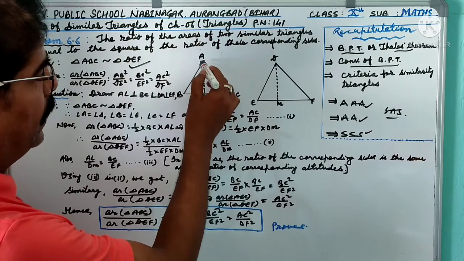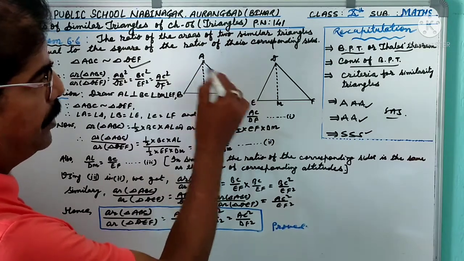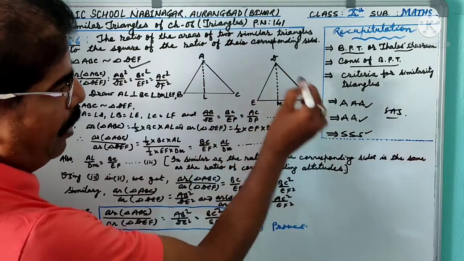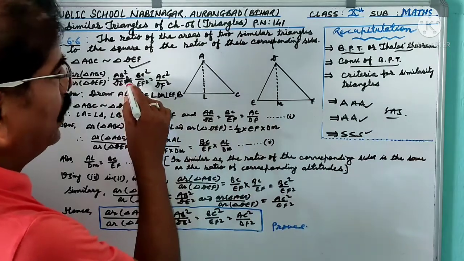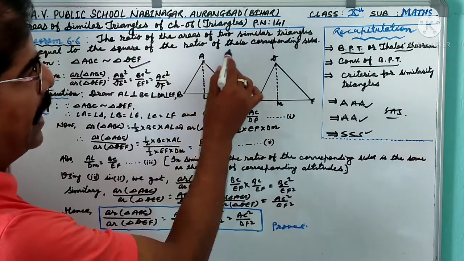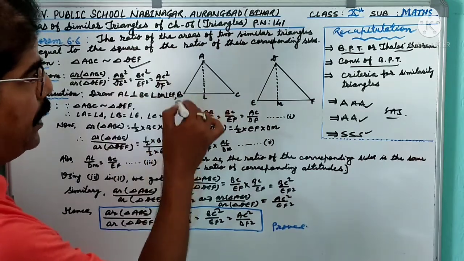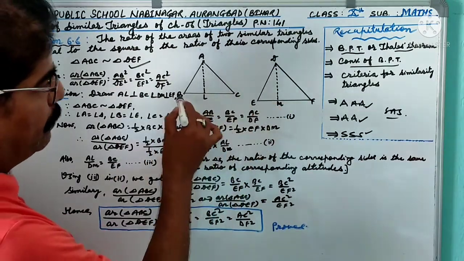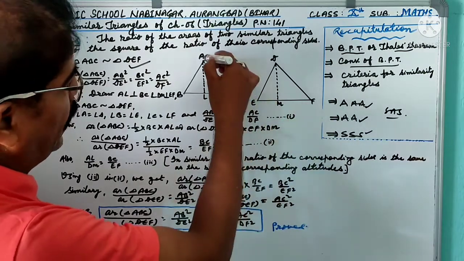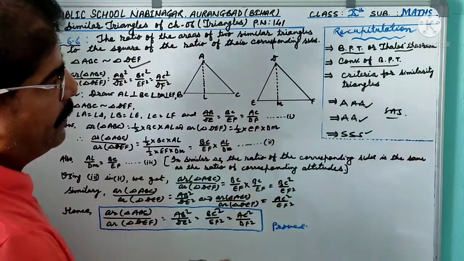To prove: area of ABC by area of DEF equals the square of the ratio of their corresponding sides. That means AB square by DE square, BC square by EF square, and AC square by DF square.